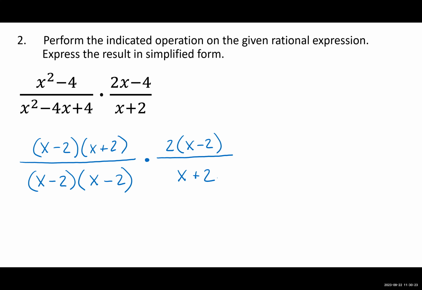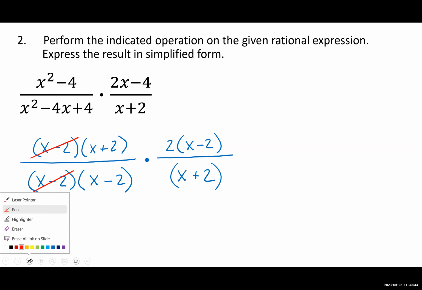All right, so now everything is factored. I'm going to throw parentheses around that x plus 2 on the bottom so everything is nice and separated. We already talked about why we're allowed to do this. If you have the same factor top and bottom on a fraction, we could cancel them. So let me just rewrite the original problem with the factoring so we don't have the crossing out.